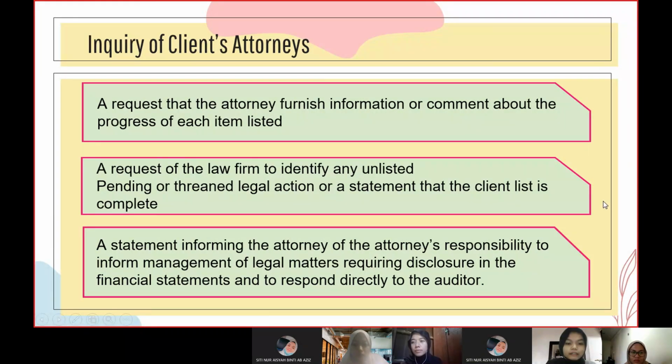And then a statement informing the attorney of the attorney's responsibility to inform management of legal matters requiring disclosure in the financial statements and to respond directly to the auditor. Okay, this is the inquiry we have for the client's attorney. Okay, next.